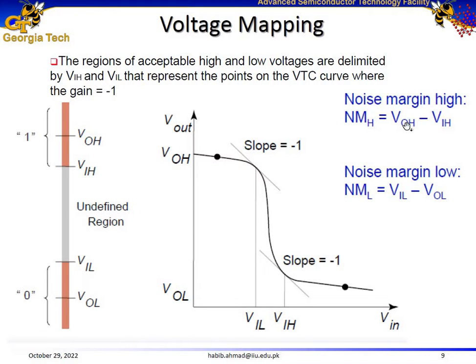And then noise margins I already discussed. Noise margin high is the difference VOH minus VIH, and noise margin low is the difference between VIL and VOL. I wanted to draw a more extensive plot over here, but we don't have access to the whiteboard right now. But anyhow, that other figure also helps a lot.